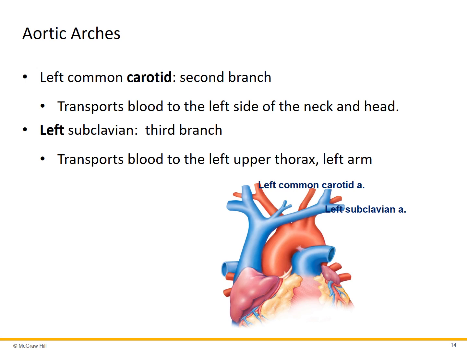The second branch, I know the labeling is a little weird, is the middle branch there. That's the left common carotid artery, the second branch off the aortic arch. This vessel runs parallel to your trachea and transports blood to the left side of the neck and extends up into the head. The third branch is the left subclavian artery, and that transports blood to the left upper thorax.